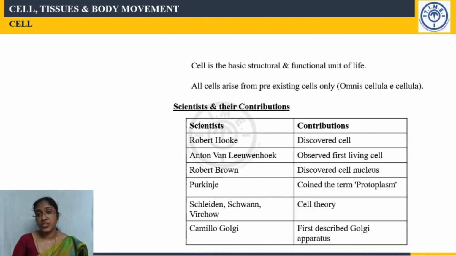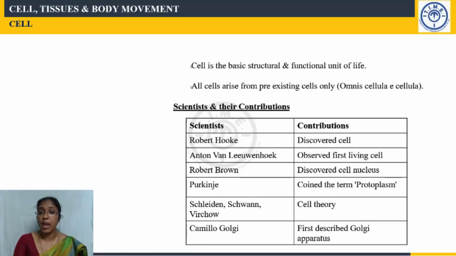All cells arise from pre-existing cells. Here we discussed the different scientists: Robert Hooke discovered the cell, Anton van Leeuwenhoek observed the first living cell, Robert Brown discovered the cell nucleus, Purkinje coined the term protoplasm, and cell theory was proposed by Schleiden, Schwann and Virchow. It is Camillo Golgi who first described the Golgi apparatus.